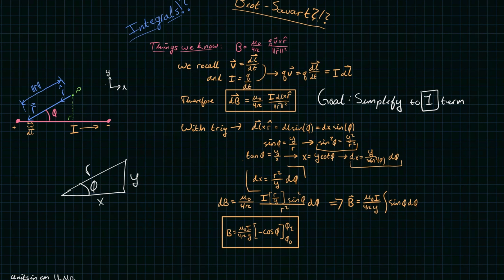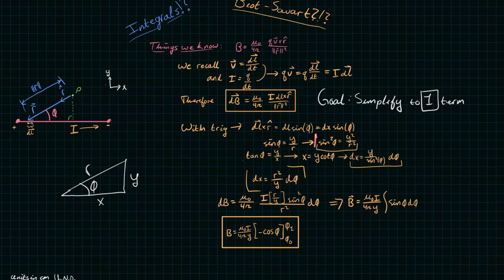So if our sine theta, right, is equal to, SOH, so of the SOHCAHTOA, sine is opposite over hypotenuse, y over r. So we're going to put that in here.